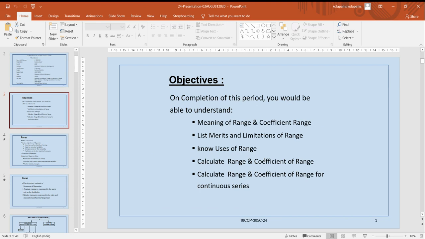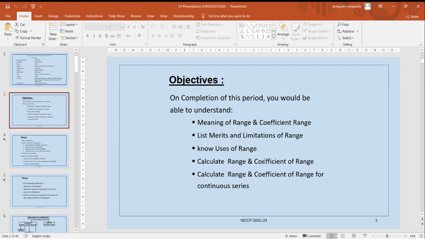the meaning of range and coefficient of range, and merits and limitations of range, and also the uses of range.